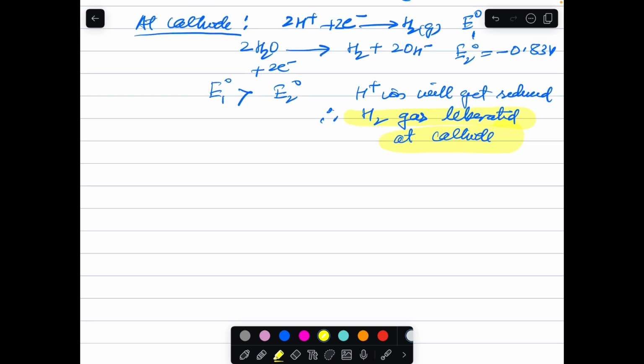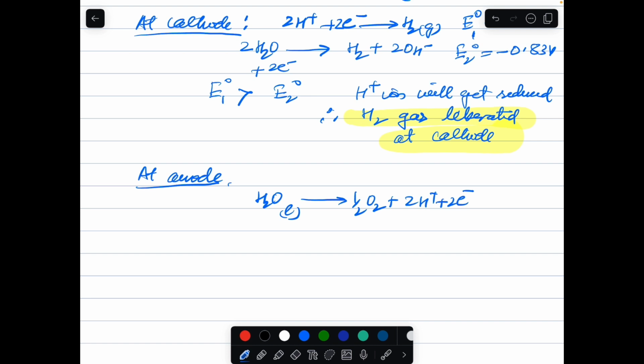Now the second part, at anode. When we write the reaction for anode, at anode we are having again two reactions. First, at anode we have oxidation. So first we have oxidation of water to give half O2 plus 2H plus 2 electron, and for this suppose E3 value is plus 1.23 volt.